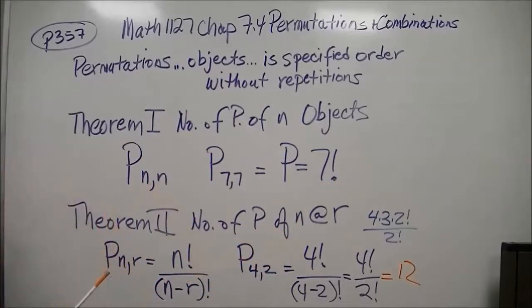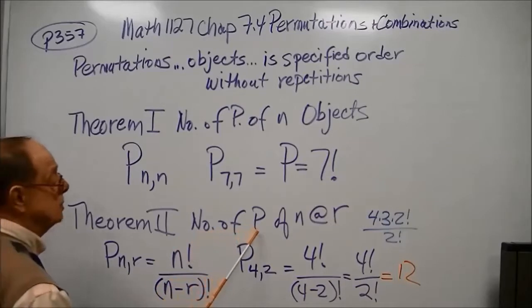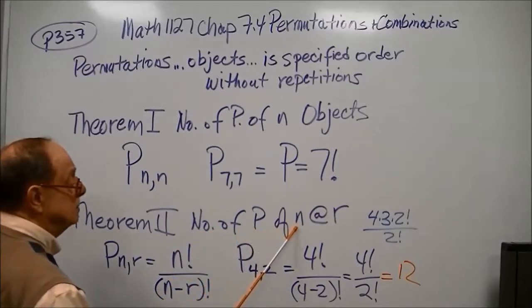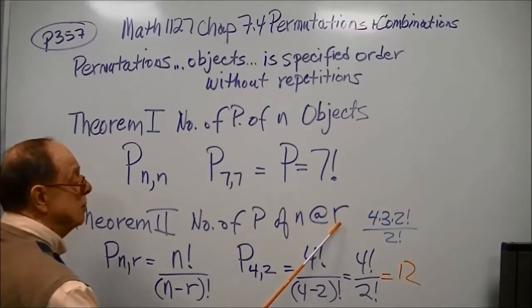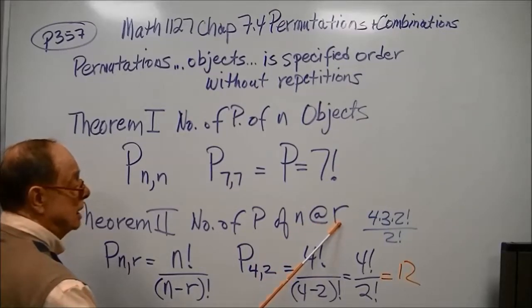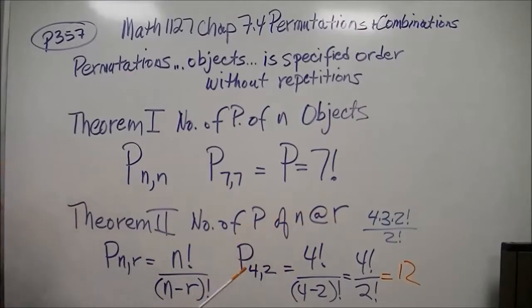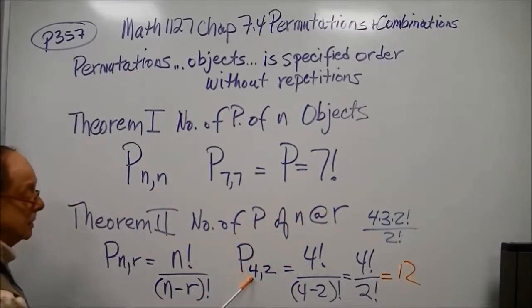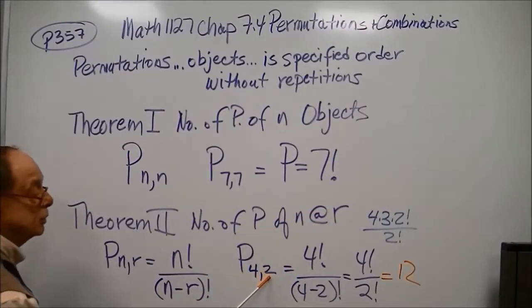Now as we continue, we get to Theorem 2, which is the number of permutations of n objects, but now they're taking r at a time. Let's say in our example here, we're going to have 4 objects. We're going to take them 2 at a time. How many permutations would you have?